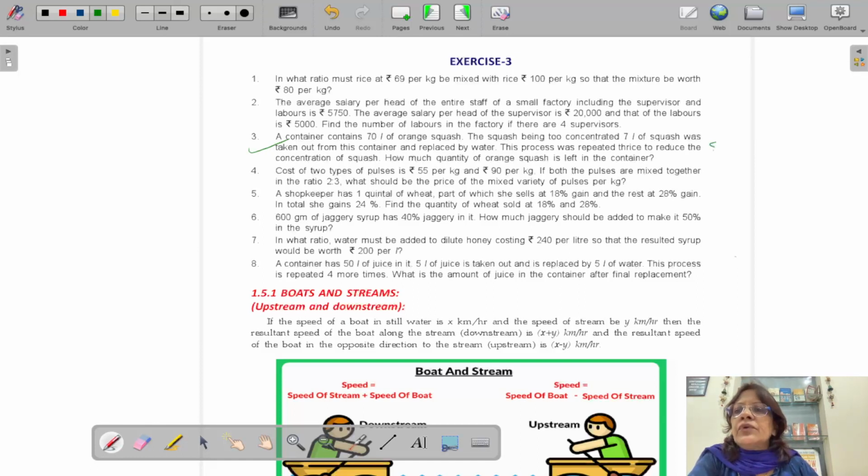So as you read the question, you can write it down. Total squash in the container, which is denoted by X, is 70 liters. The squash being too concentrated, 7 liters of squash was taken out. Squash taken out.